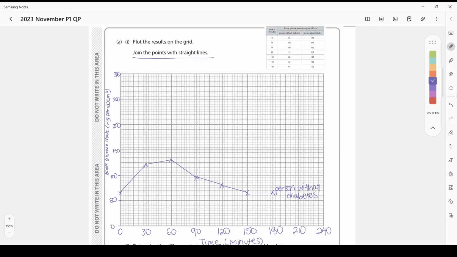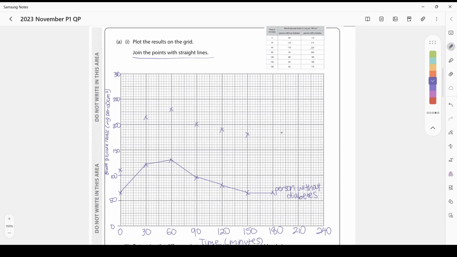All right, the next part is person with diabetes. So, at 0 minutes, it's 110. So it's over here. Then we have 215, and then 230, which is the highest. Then we have 200. Then we have 190. Then that's 180.